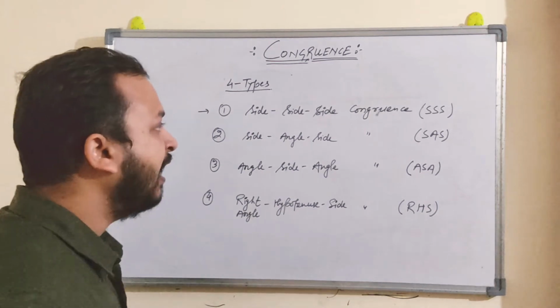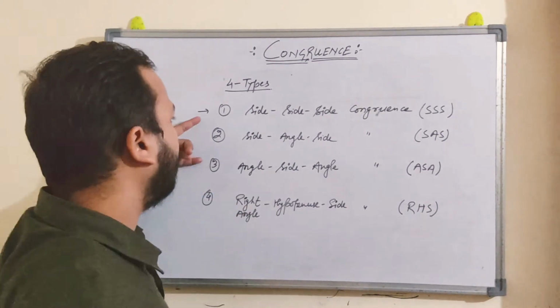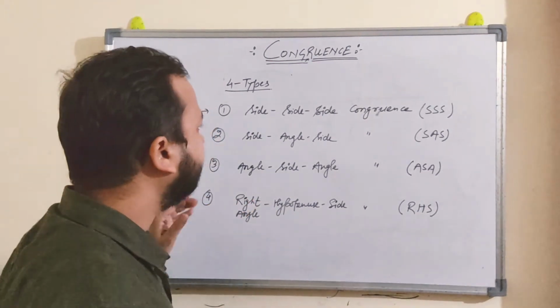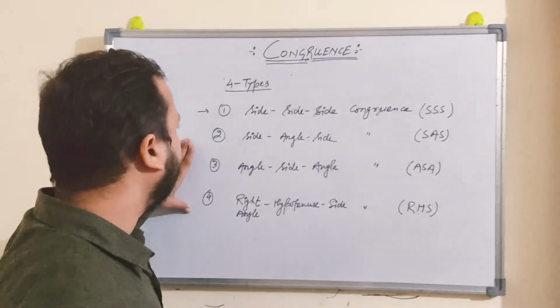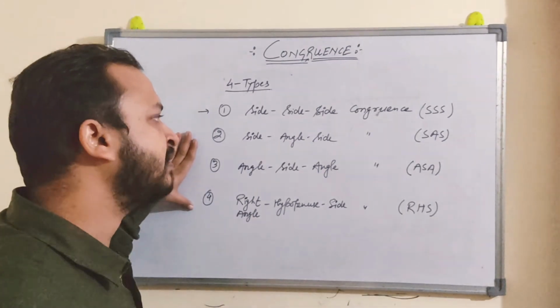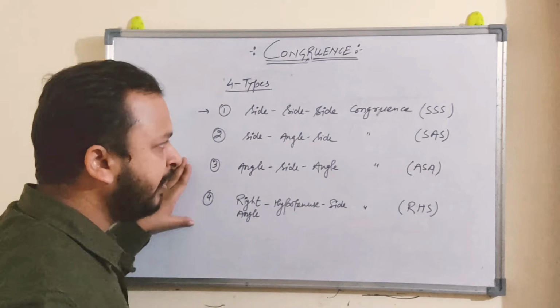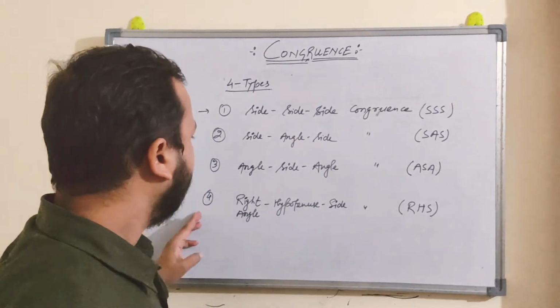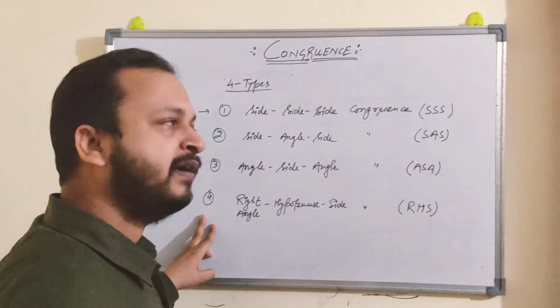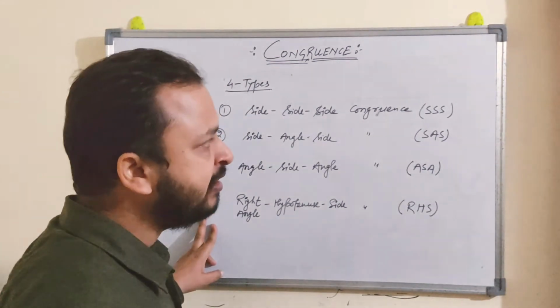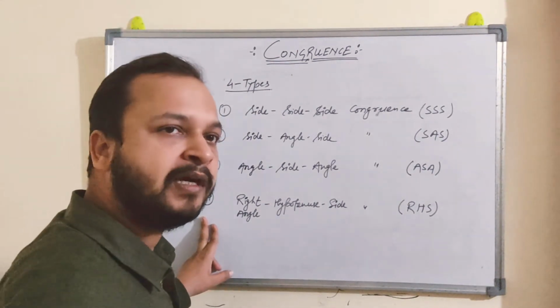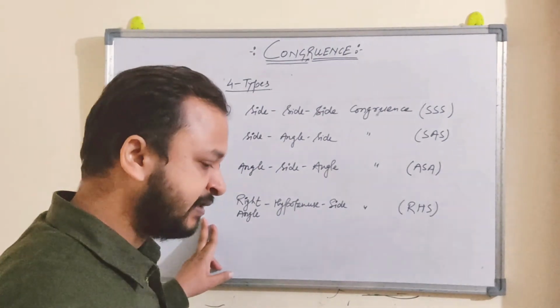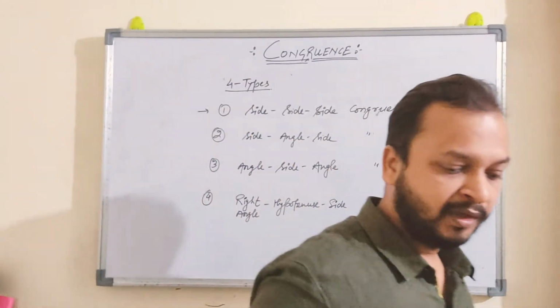These are the 4 types of congruency you have to study at this standard, in class 7th. We are going to discuss each one by one, and simultaneously we'll solve the questions of the exercise, right?